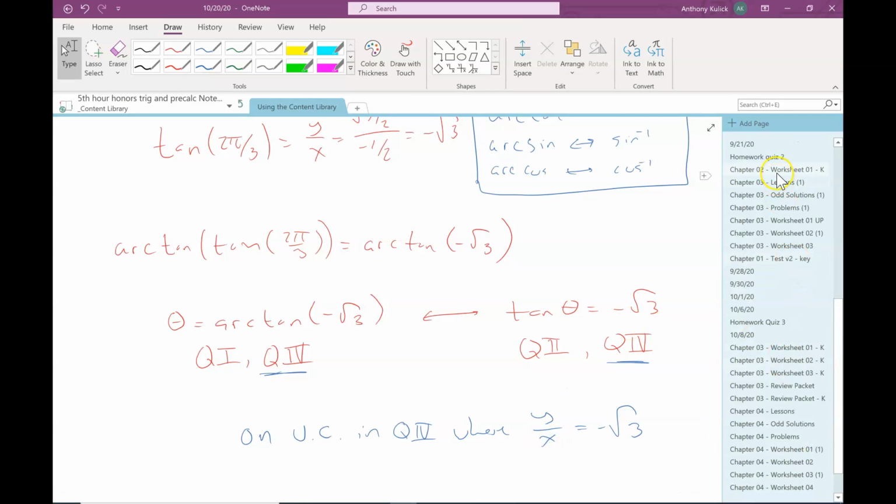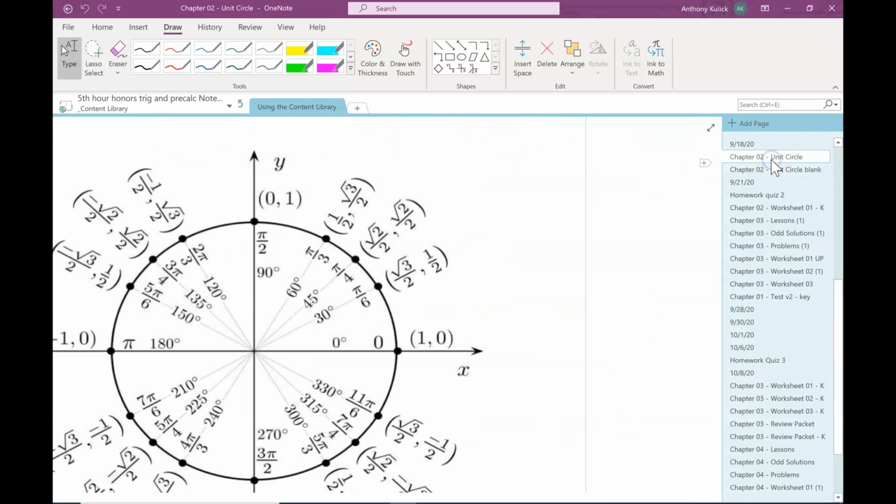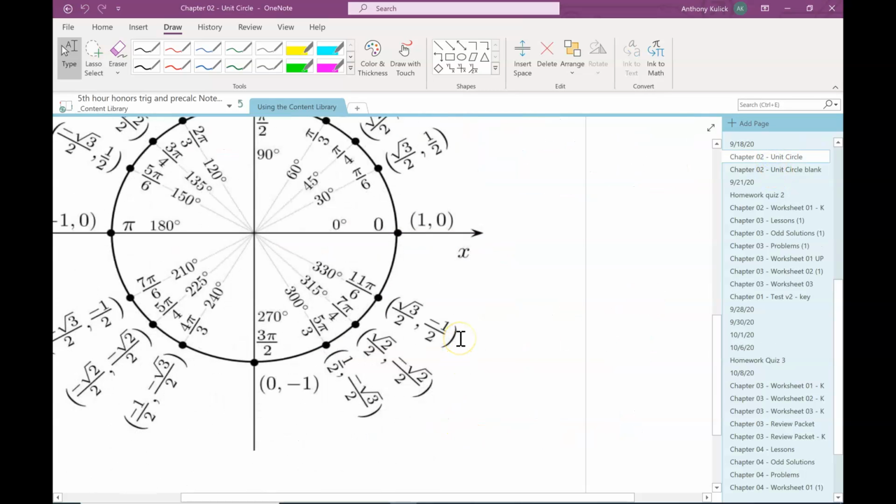Okay. So I'll go to my unit circle. I'm in quadrant 4. So y over x has to give negative square root of 3. That's this one, right? Where the y coordinate is negative square root 3 and the x coordinate is 1. You can ignore the denominator since they're both the same. They'll cancel out when we divide anyways. Is that okay?